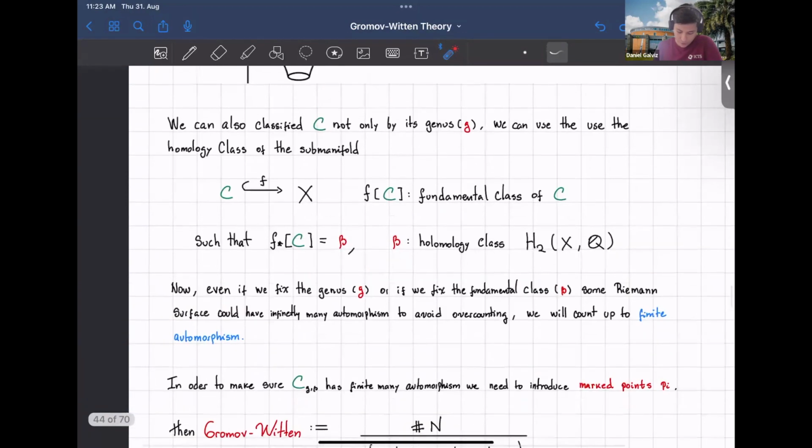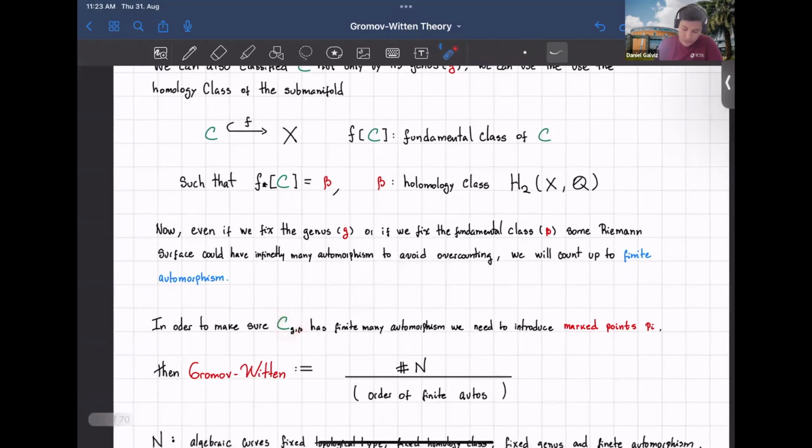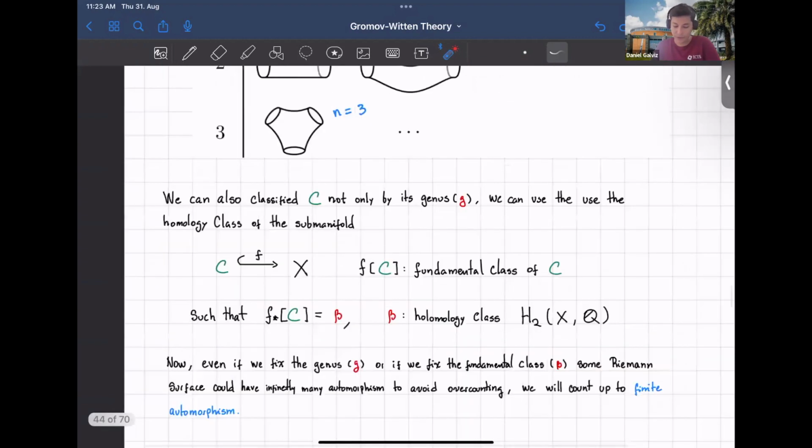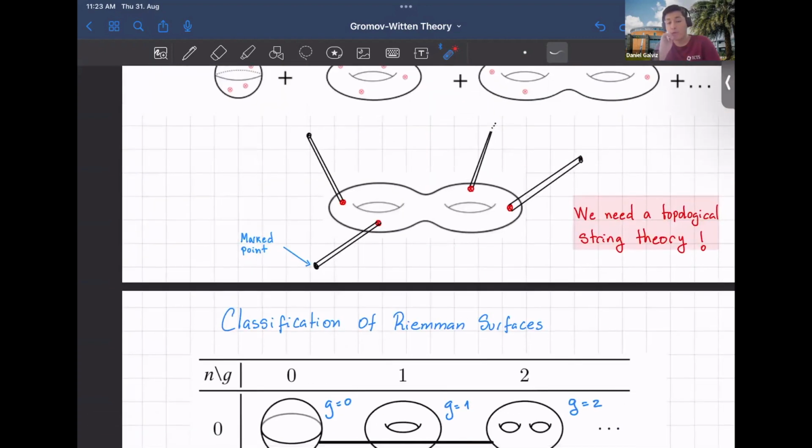So in order to make sure our curve C, given by the genus and by the homology class, has finitely many automorphisms, we need to introduce marking points, because as I mentioned before, these marking points put some restriction on how many of these surfaces you have. But actually, the only case where it's important to keep counting is when you have genus 0 or genus 1.